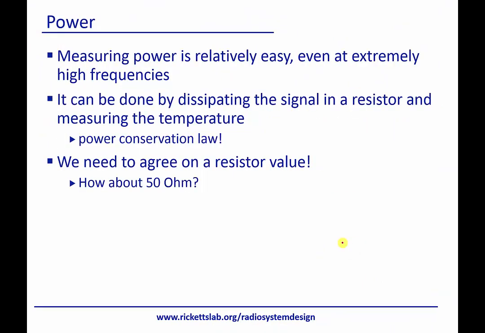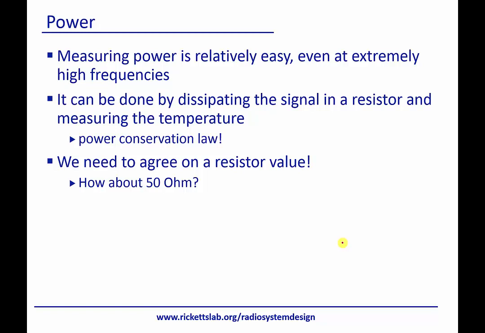And just a few things here. It's easy to measure. The easiest way to measure power is actually just by putting the signal into a resistor and measuring its temperature. That's actually how we do it. We put the signal into a resistor and measure the temperature change, and that tells us how much power was in that signal.